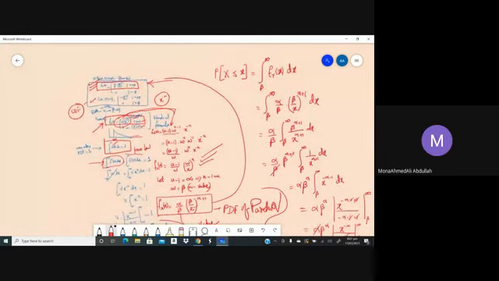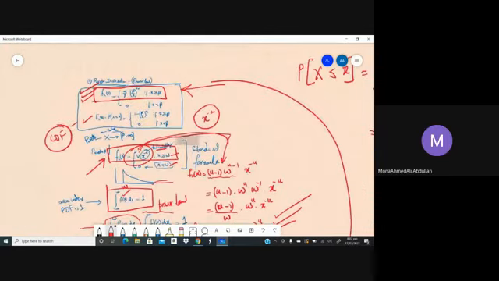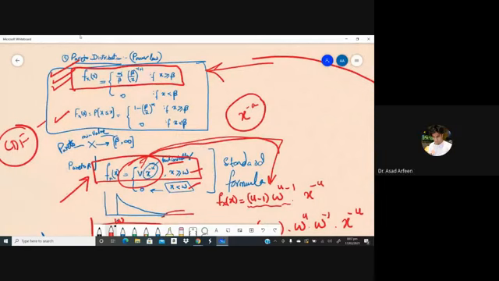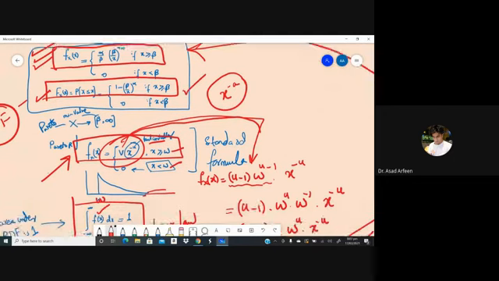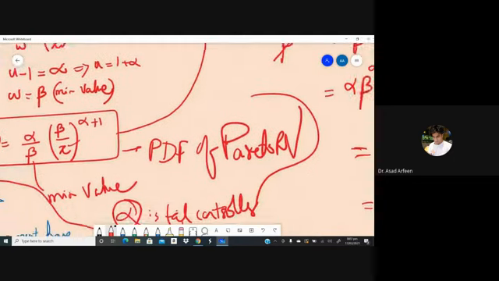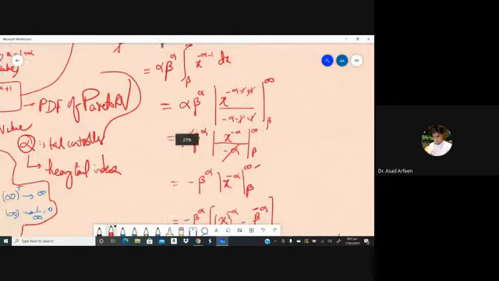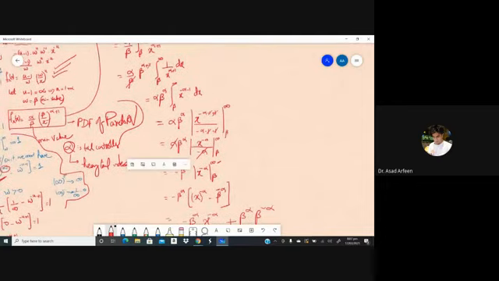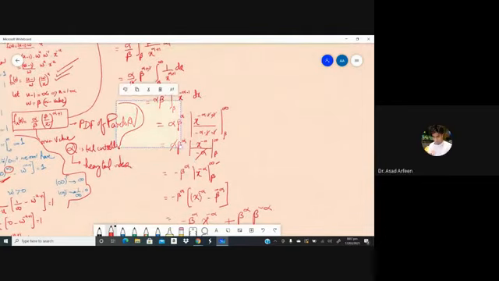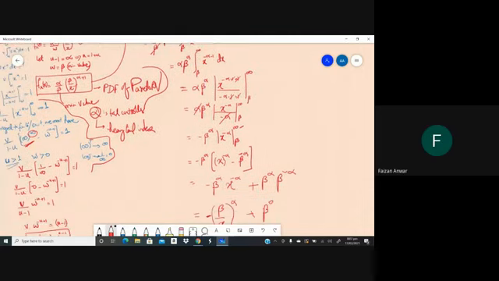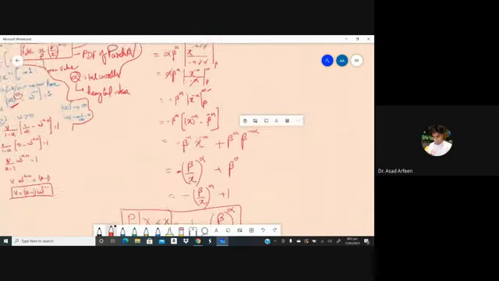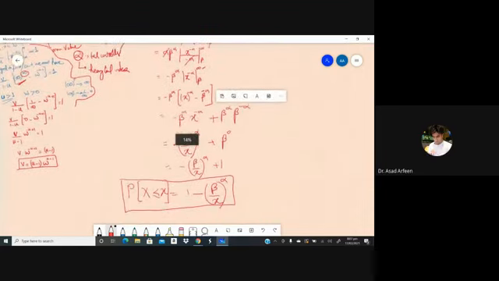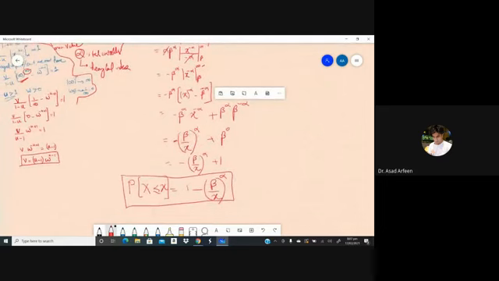Sir, go back. Why did you put x here instead of infinity? So now the question is why we did it like this. Coming back to this, the upper limit was infinity.